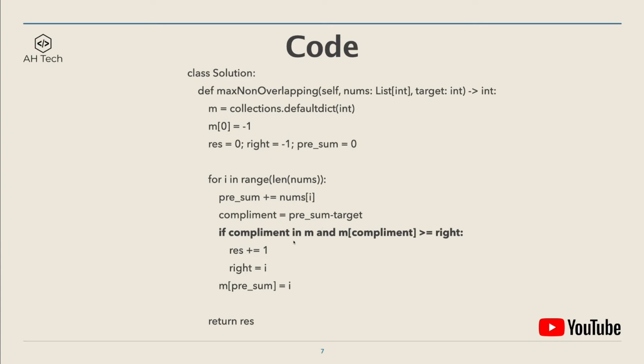So if complement is already in the hash map, and also the value is equal or larger than right, then we know that we have found a valid non-overlapping subarray. Then we will increment the result by 1, and then update the variable right to the current index i. And on the go, we have to update the prefix sum and the index value in the hash map.